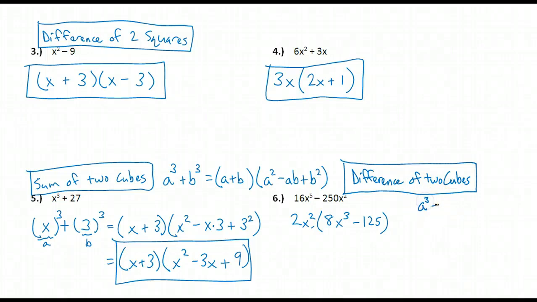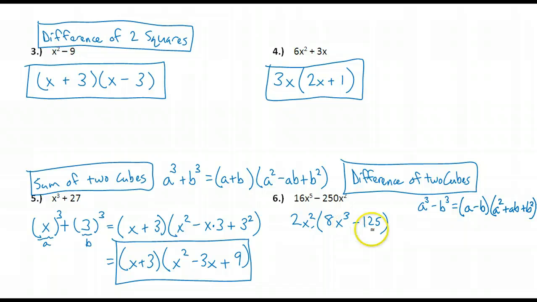Something cubed minus something cubed equals the binomial a minus b times the trinomial a squared plus ab plus b squared. Notice these two formulas look very similar. The difference is, in the sum of two cubes, I have one minus sign here, and in the difference of two cubes, I have one minus sign here. Other than that, the formula is the same.